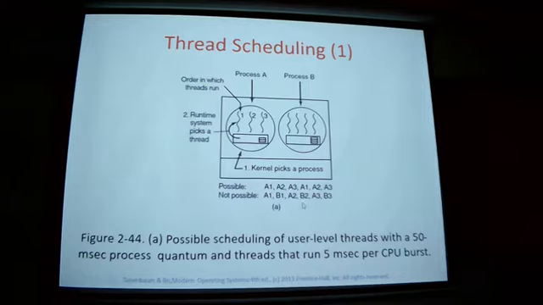It's impossible because this is only 5 milliseconds, and then we would switch from process A to process B. But in fact, there are a total of 15 milliseconds. We will not switch. This is run in user mode.